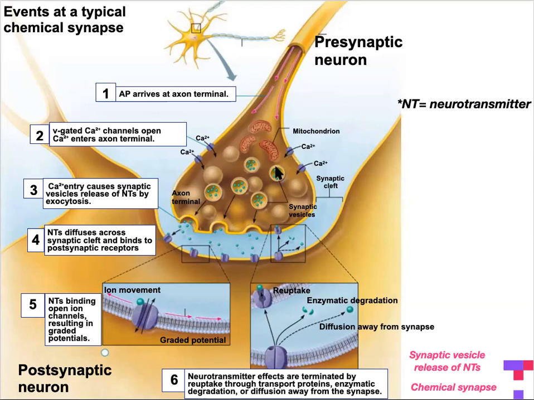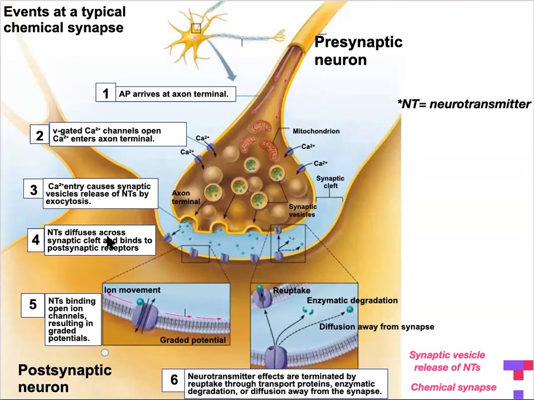So calcium enters into this axon terminal, and that causes these synaptic vesicles containing neurotransmitters to dock on the axon terminal membrane and fuse with it, and then release their contents, namely the neurotransmitters, into the synaptic cleft.